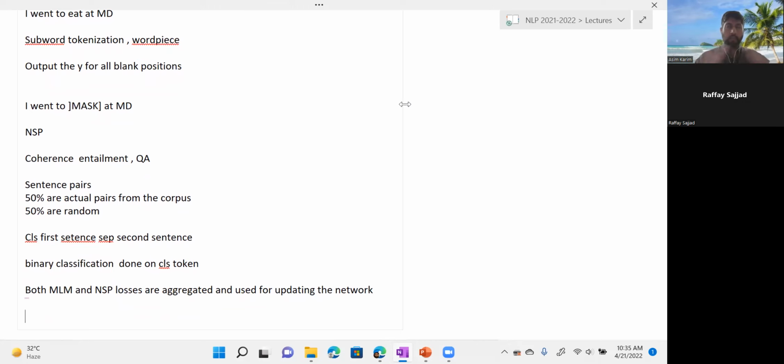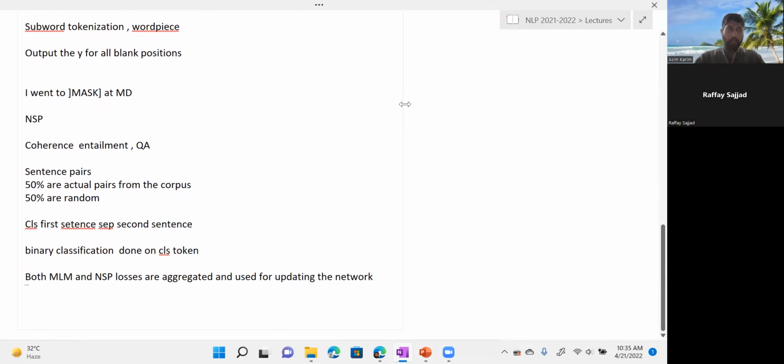Because we have given it lots of data, and we have used the context from both preceding and next positions for language modeling, and we have also modeled whole sentences and whether those whole sentences follow one another or not, meaning the coherence of language. So it would have learned a lot of stuff. So now actually you can use this model in many downstream applications, not just for language modeling. So that's where we come into the transfer learning thing.